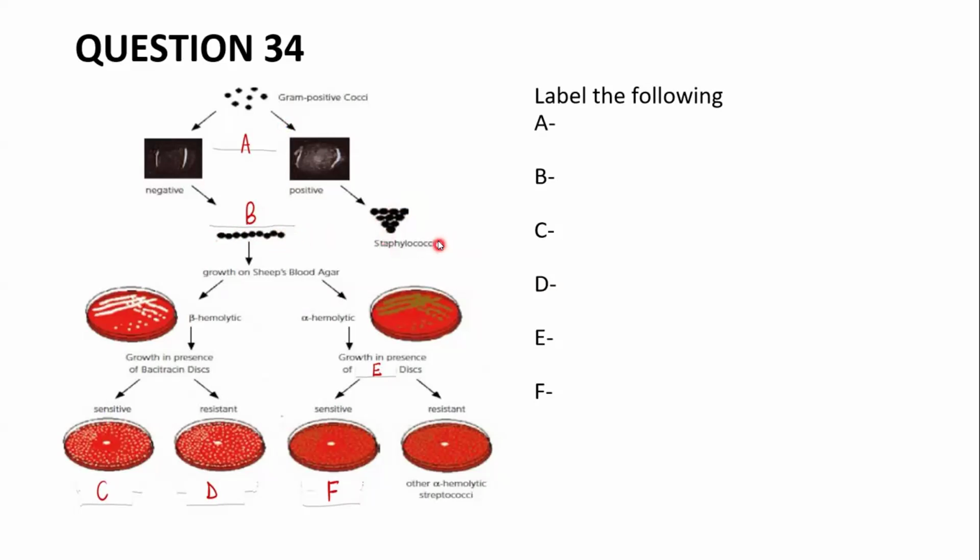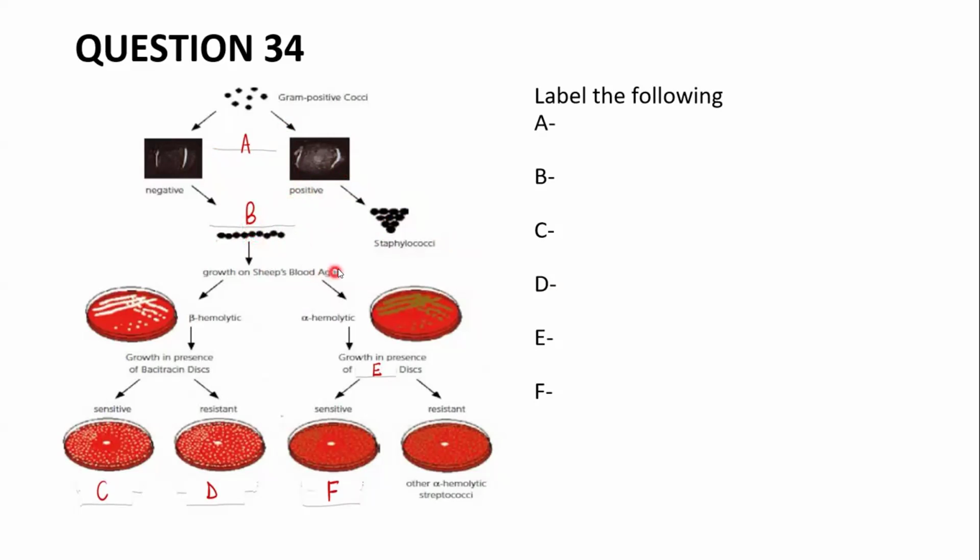Now for staph, in order to differentiate between Staphylococcus aureus, saprophyticus and epidermidis, we do the coagulase test. Staph aureus is positive always. That's how I remembered: catalase positive, coagulase positive. Now for this other side, you do the catalase test. It gives you this chain appearance, so choice B is Streptococcus species.